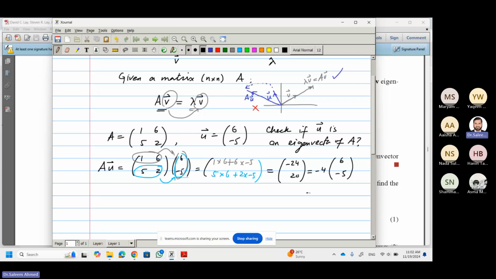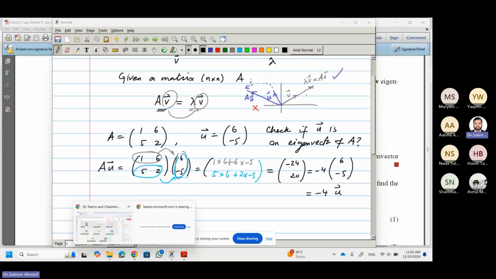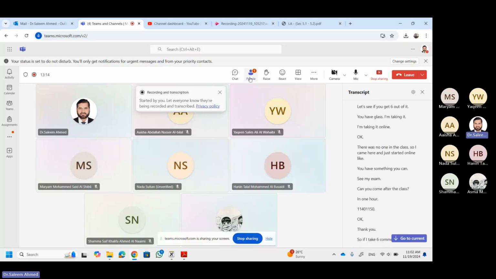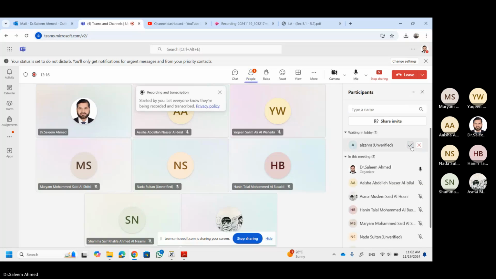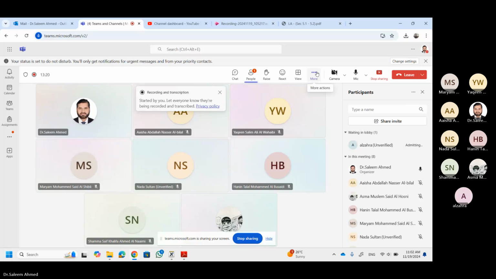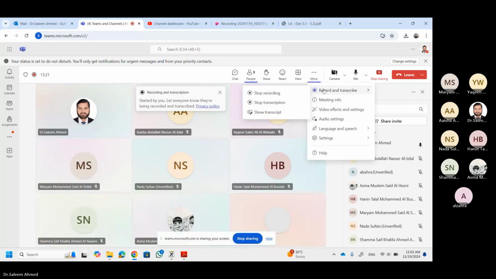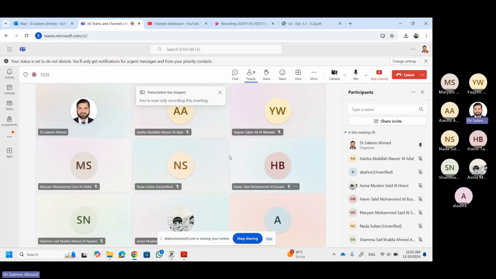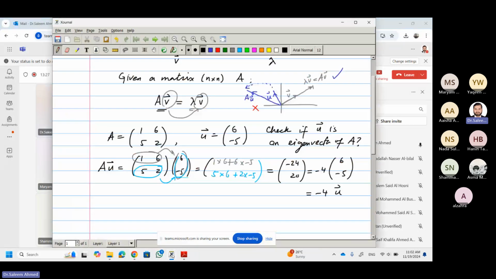So I got a number outside and my vector u comes back. All right. So our vector u comes back, so it means it is an eigenvector.